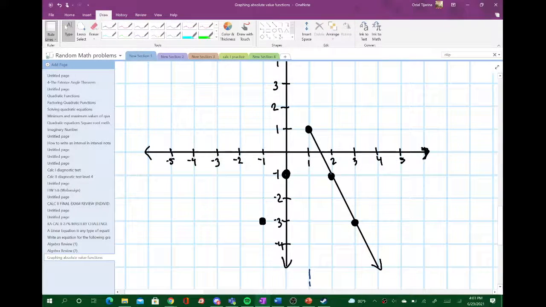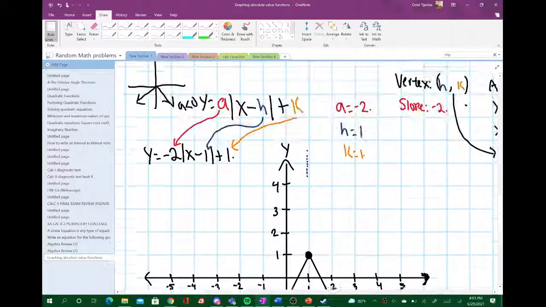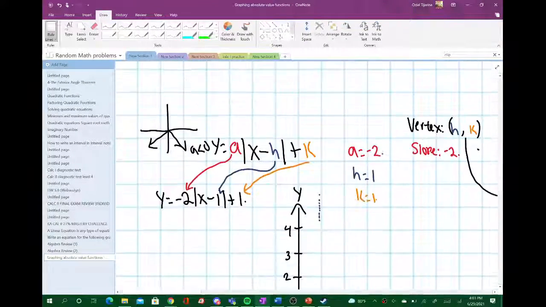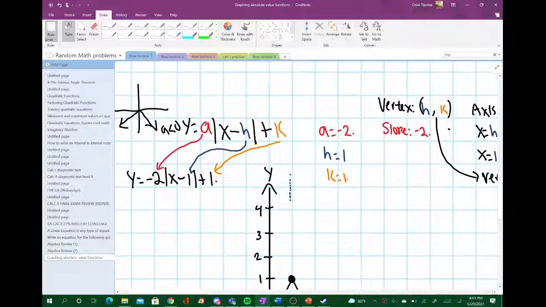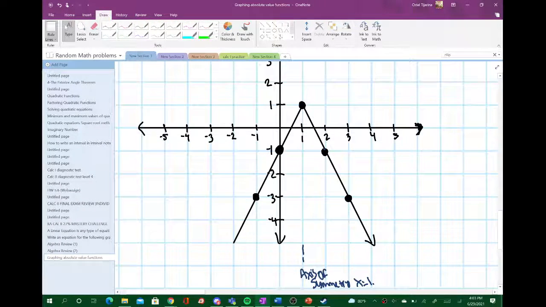This is how it's going to look, and I do believe it is the exact same way that it looked when we did it using an xy table.